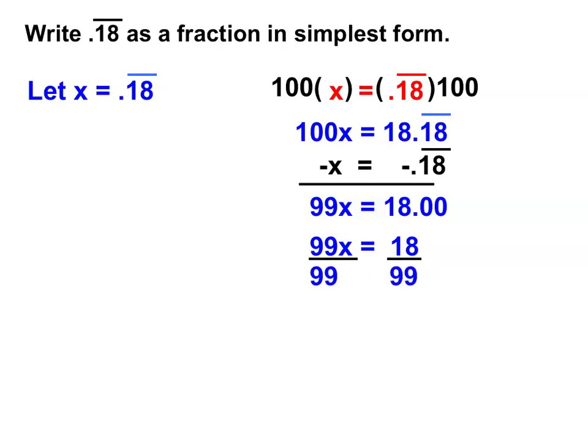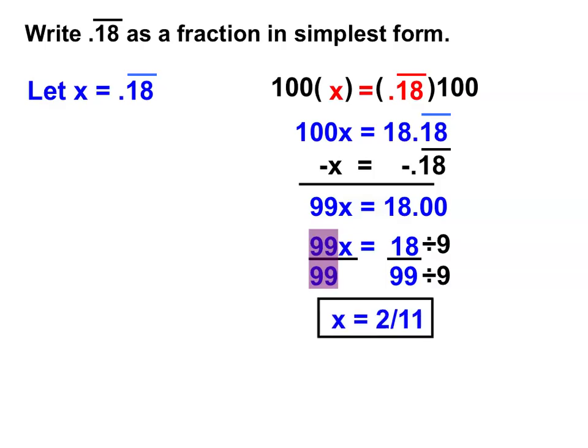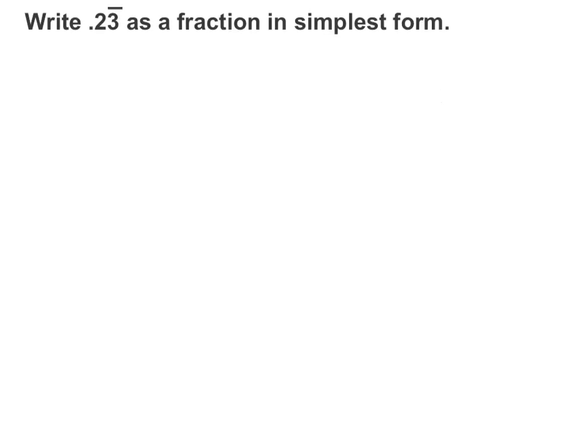Now when I divide by 99 and divide by 99, I get my answer. However, don't forget to simplify, because it'll be 2/11. Once again, plug 2 divided by 11 into a calculator, you'll get 18, 18, 18, 18, 18.